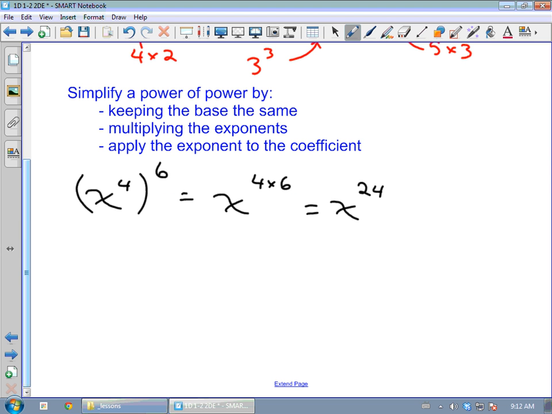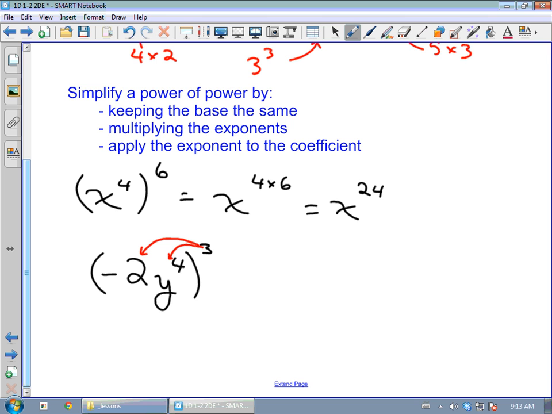Okay. If we've got something like negative 2y, and let's make this y to the power of 4, that whole thing cubed, what we have to remember is that this 3, this exponent, applies to that negative 2 and to this y to the power of 4.